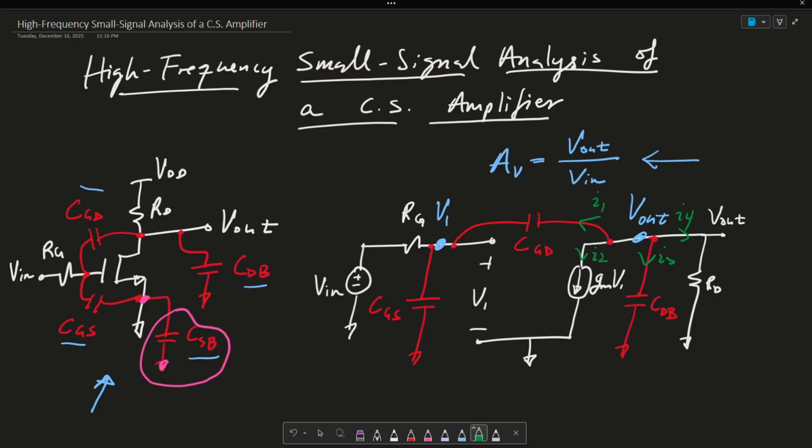And at V1, I have currents leaving this node as well. Call these I5, I6, and I7. Now, the goal here is to write some KCL equations at V1 and at Vout, and then manipulate these equations to get an AV gain of Vout over Vin.